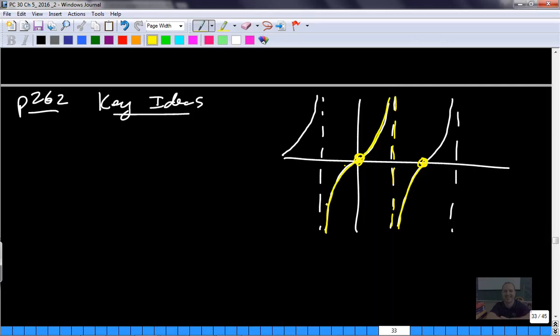That's one complete cycle. This starts at 0 and goes to pi. This one starts at negative pi over 2 to positive pi over 2. It's a repeated function.